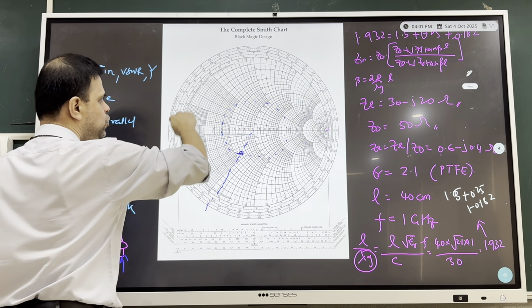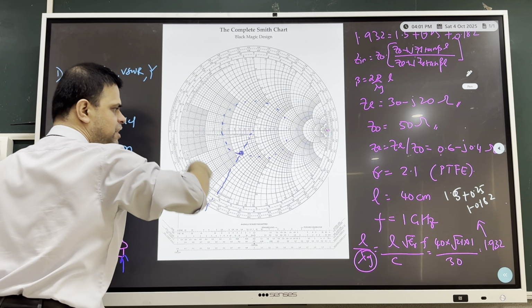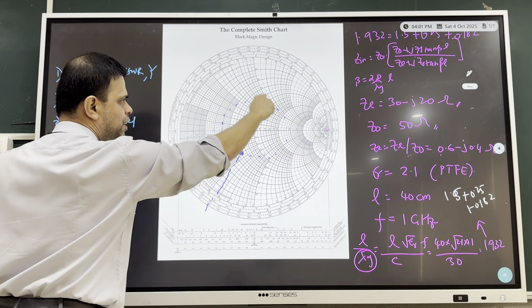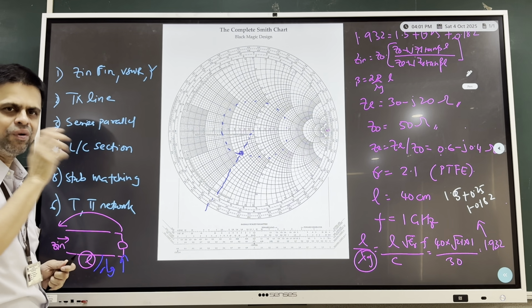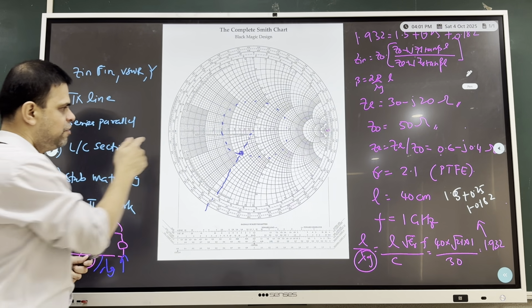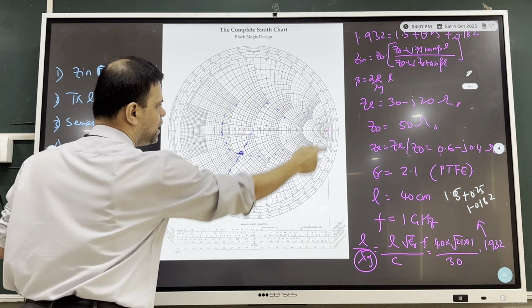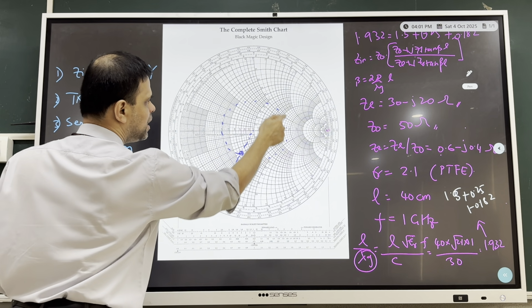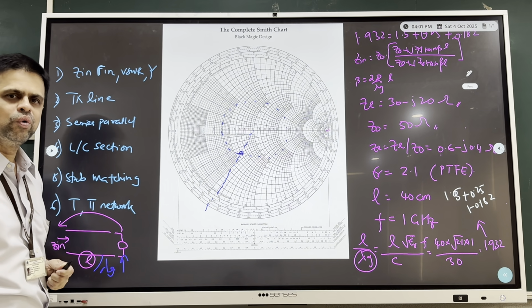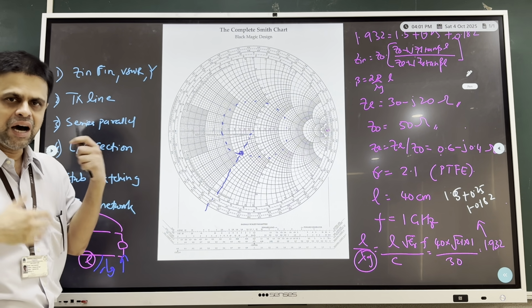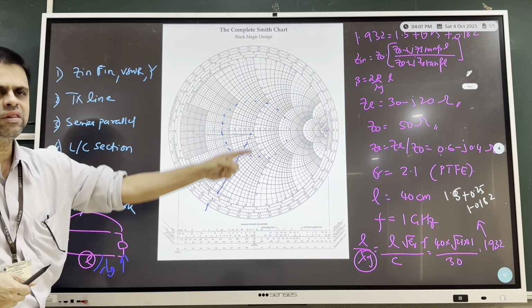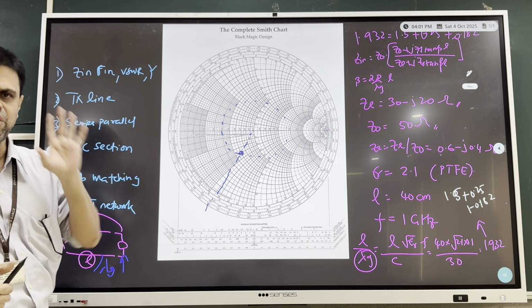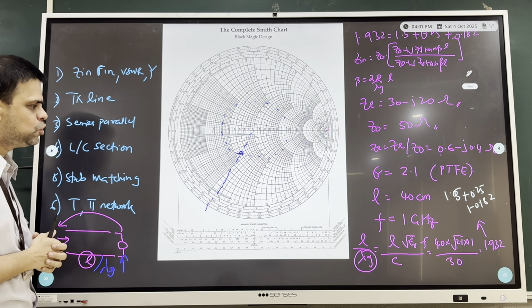Which means when you move along this locus in the clockwise direction, you go towards the generator or the source. Whereas when you move in the anti-clockwise direction, that is in the reverse direction, you move towards the load. And now we are supposed to move towards the generator, hence we need to move on the locus in the clockwise direction.